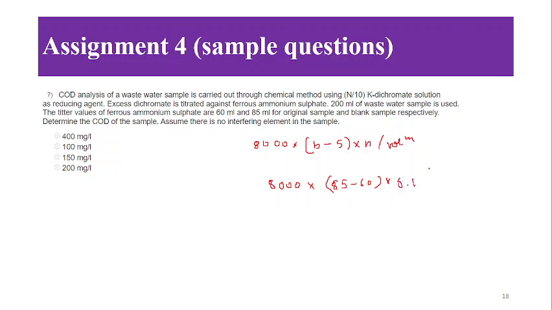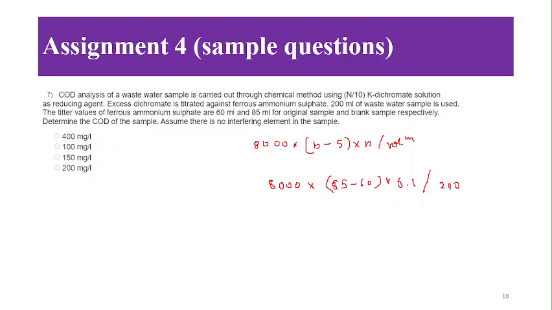This N by 10 is 0.1, so that is used here, 0.1, and all the volume units are ml units, so 200 ml. So this is 25, this is 0.1.